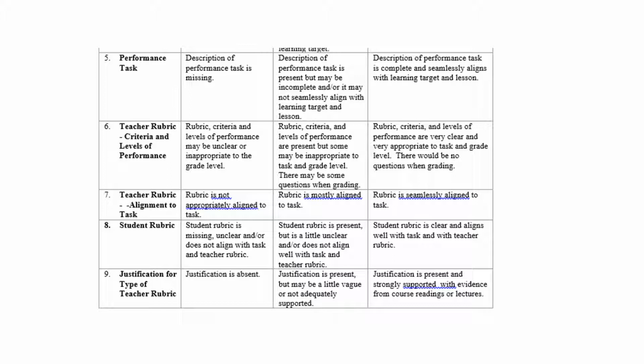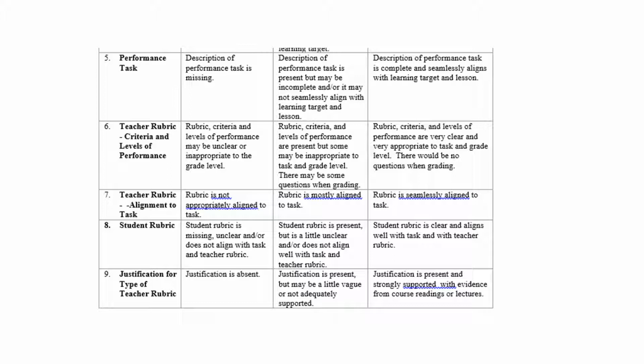So there should be no questions when you're grading students' projects or performance tasks as to what the grade should be, the score should be. I'm going to look at your alignment of your rubric to your task. In other words, if you have a rubric that assesses one thing, but your task asks them to do something else, that won't be full credit.